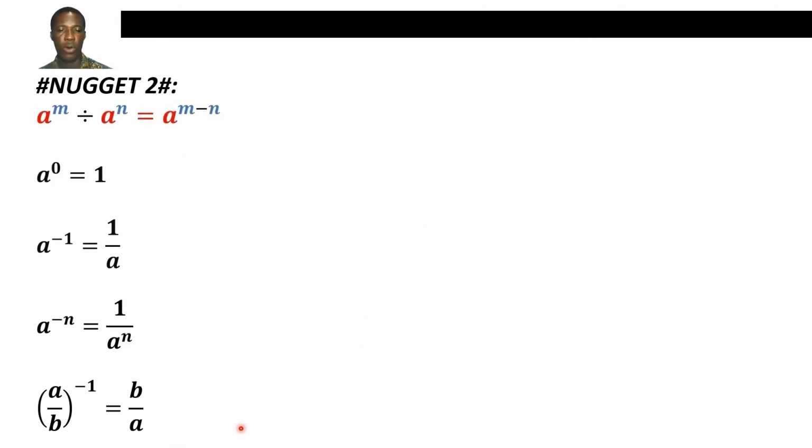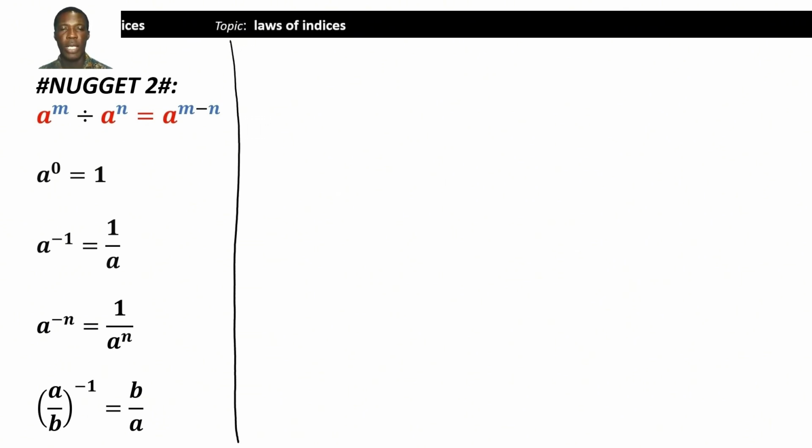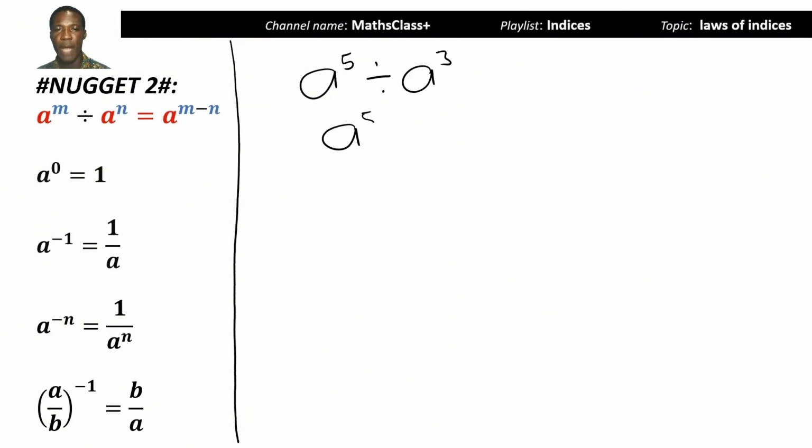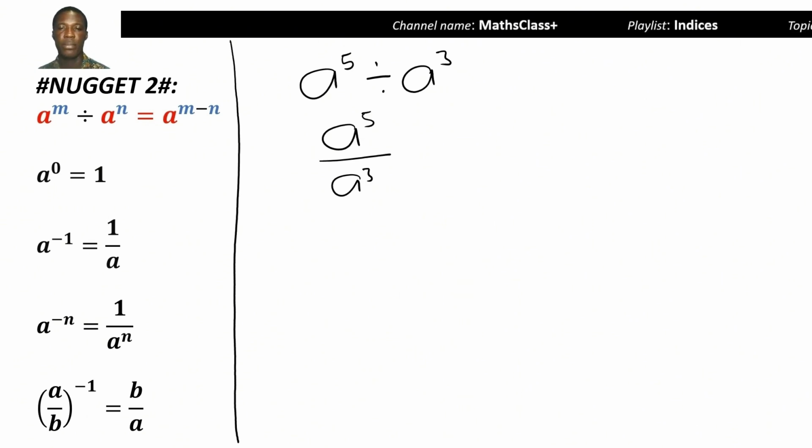The second law. Before we look at the law, let's take some illustrative examples. If I have a to the power 5 and I am dividing by a to the power 3, because it is division, I can rewrite it as a to the power 5 over a to the power 3.